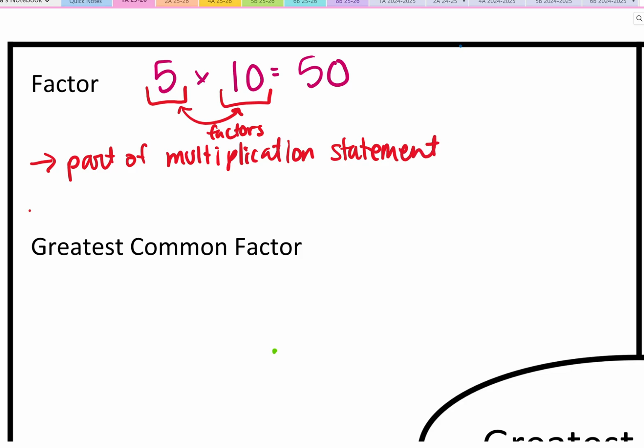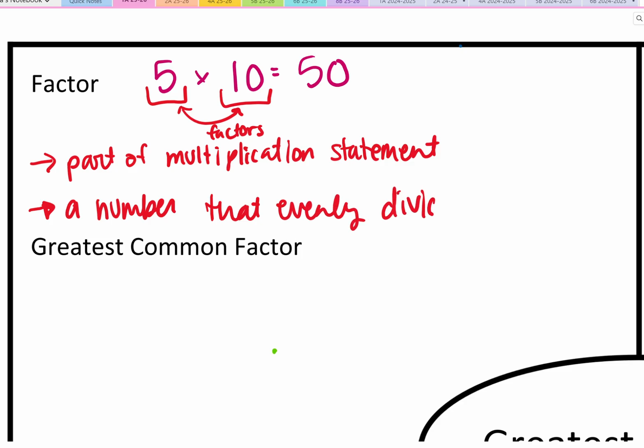And then we also have a different definition: it is a number that evenly divides into another number. Okay, so that is what a factor is.